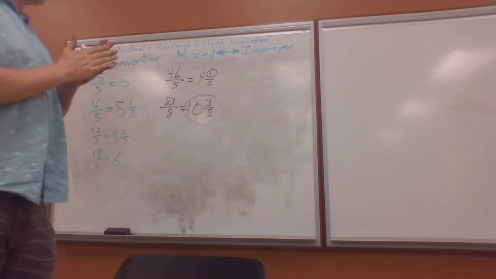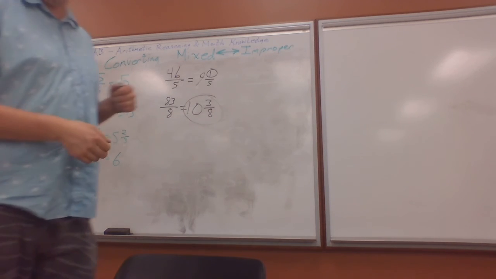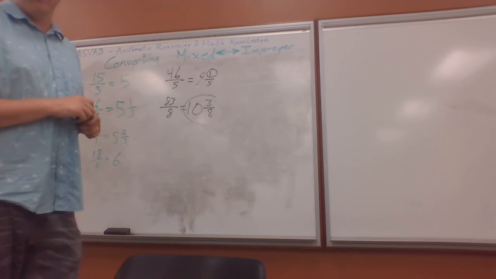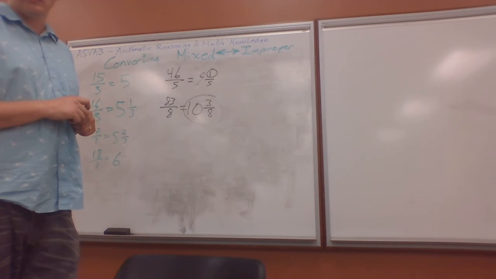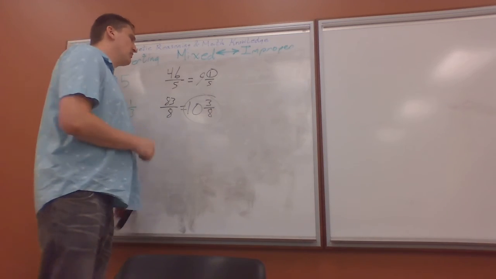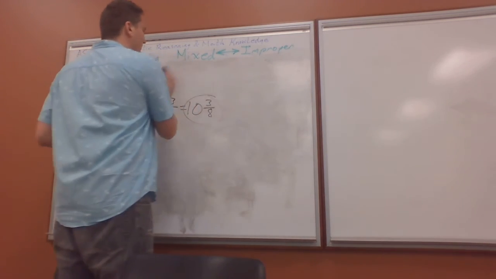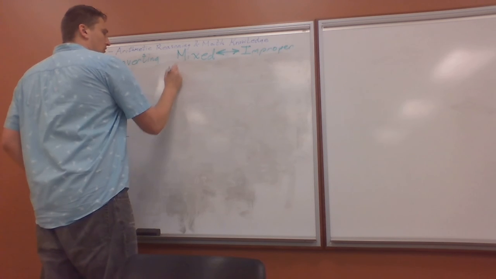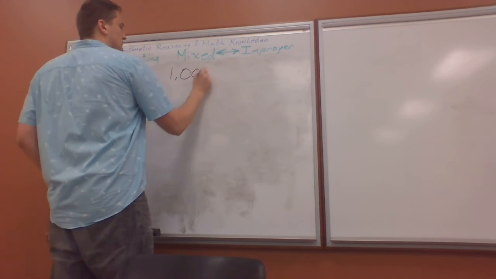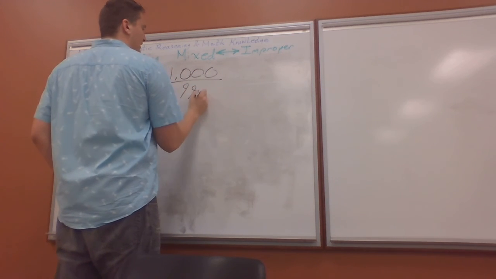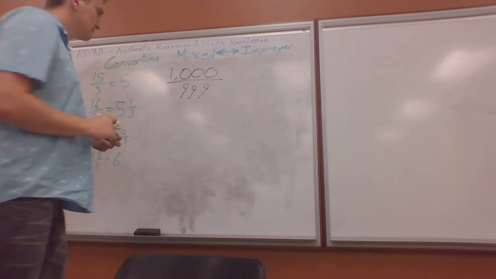That should be enough examples for now. I'm going to throw out some more examples. Actually, one example in particular I want to go over. I had 1,000 over 999.